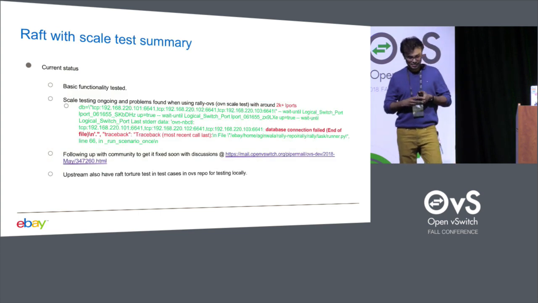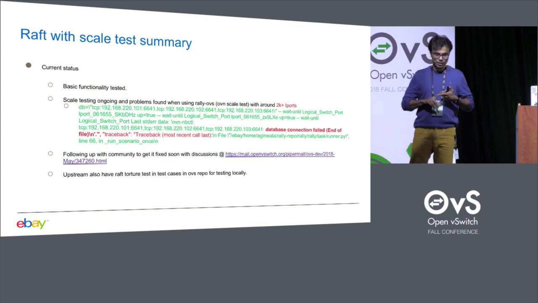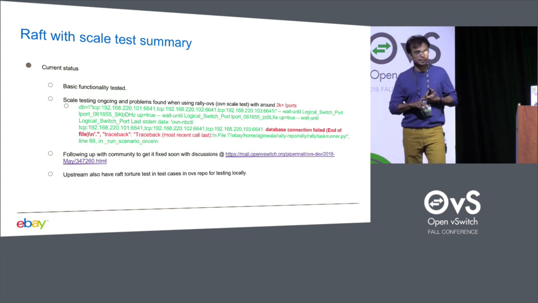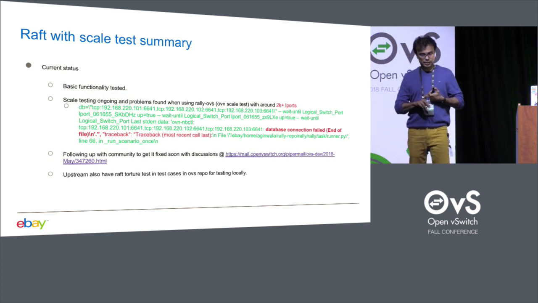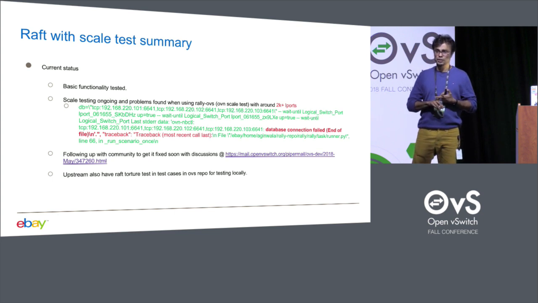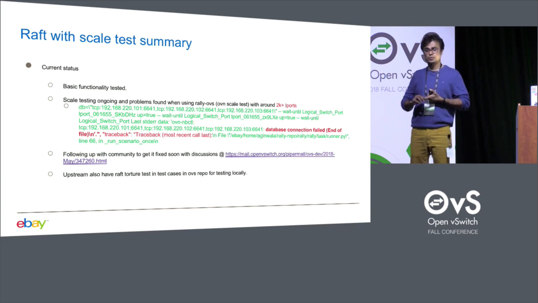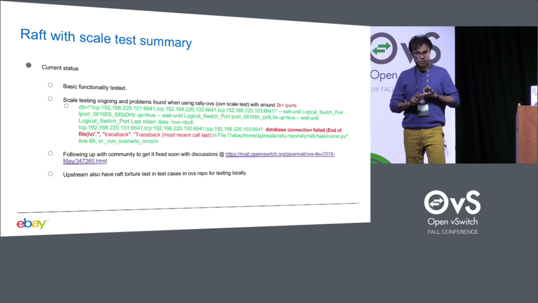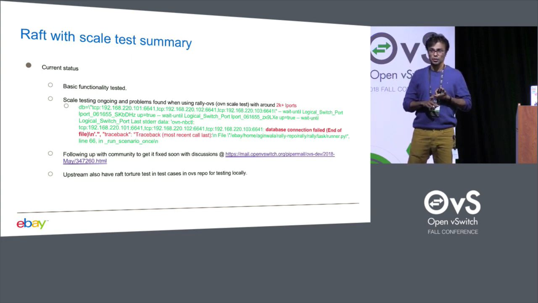Raft scale test: there are a bunch of issues going on right now when we use OVN scale test. If you are creating 2,000 plus logical ports, when you reach the limit of 2,000 to 3,000 logical ports, you see DB timeout issues with the northbound when running the scale test.